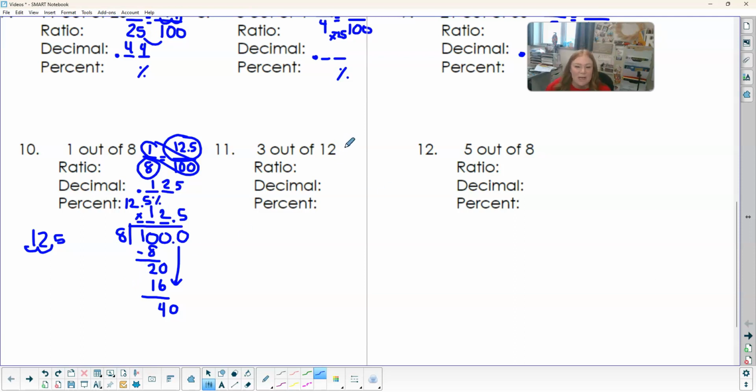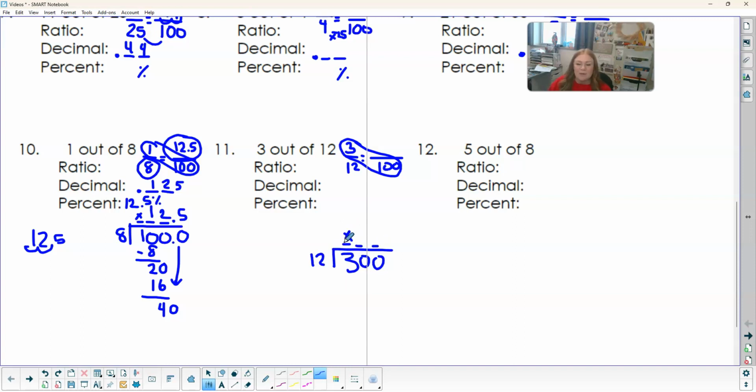Okay, so let's try 3 out of 12. So we're going to set up our problem, 3 out of 12, and we need to get to 100. So 3 times 100 is 300, and we need to divide that by 12 here. So we line everything up.